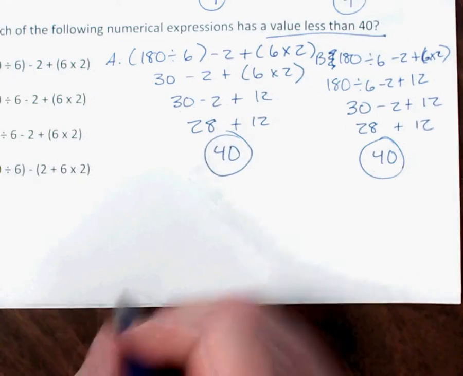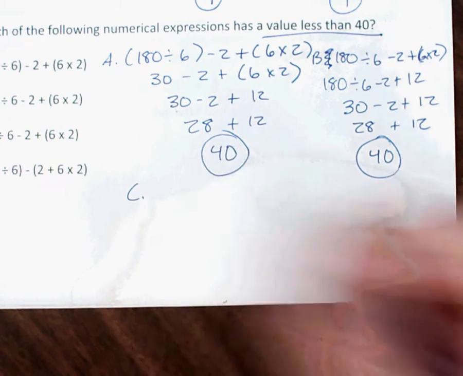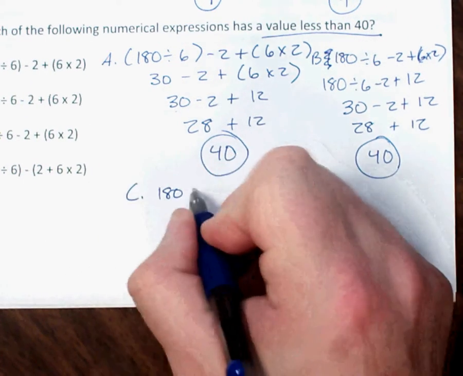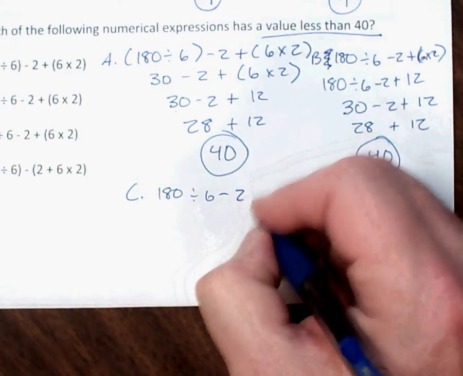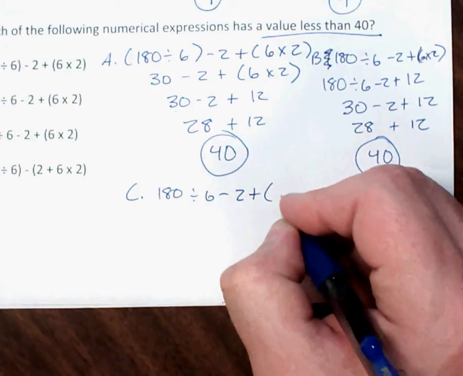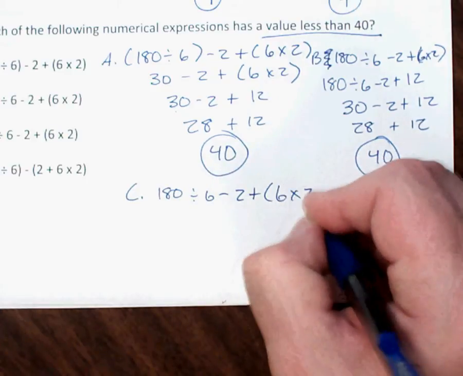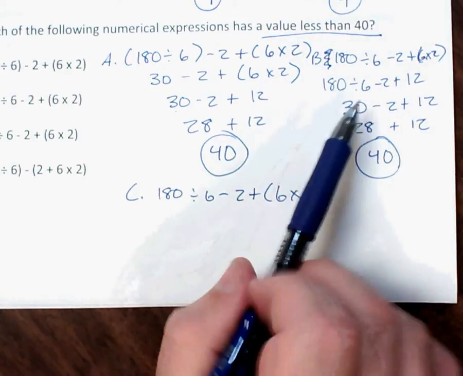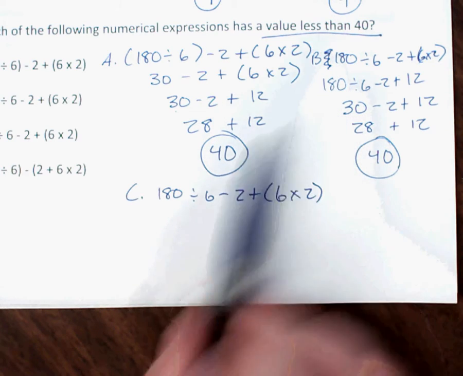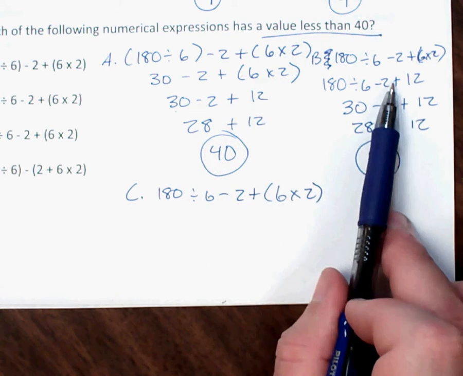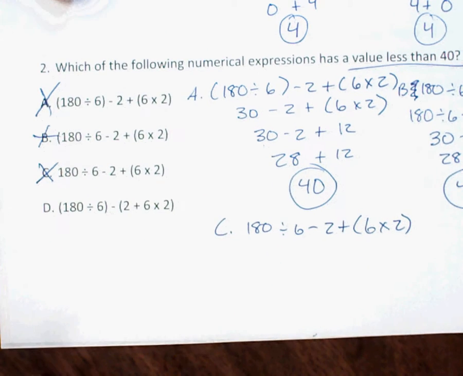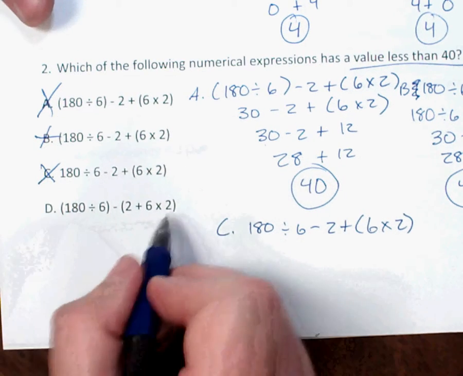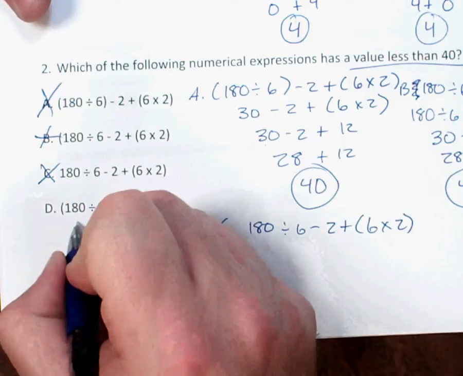All right, on to C. And answer choice C actually looks exactly like answer choice B. I think there was probably a typo with that parentheses that we had. So, but since this is pretty much the same thing, I can eliminate C. There's no reason to redo all that computation. So I'm left with D, which I'm actually going to do right underneath it, since I've got the space.